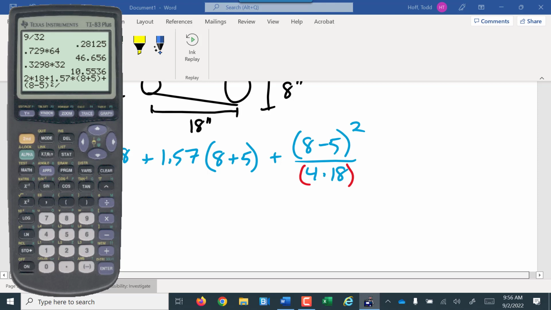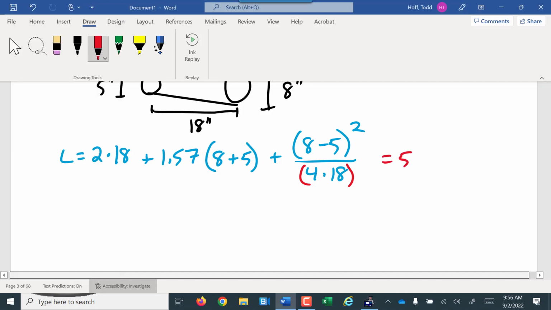Then divided by, and here's where you have to have that extra parentheses. So parentheses, 4 times the 18, and close the parentheses. It'll give you 56.535. So then depending on what you have for adjustments, that's either a 56.5 or a 57.8.